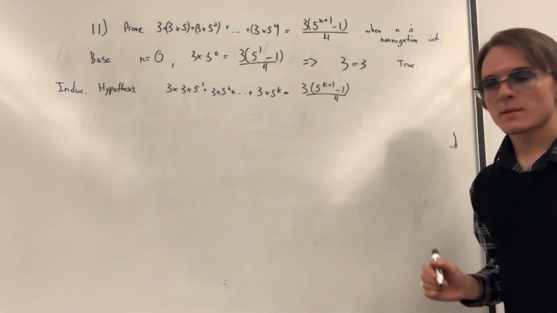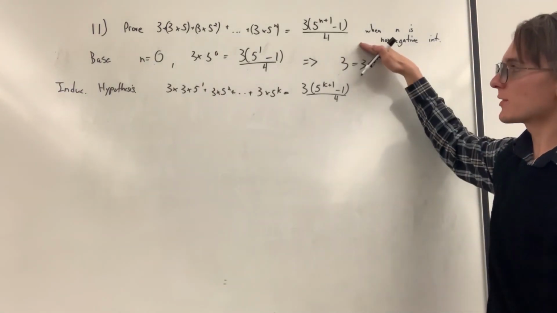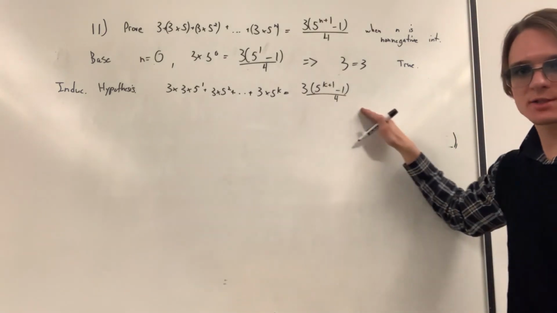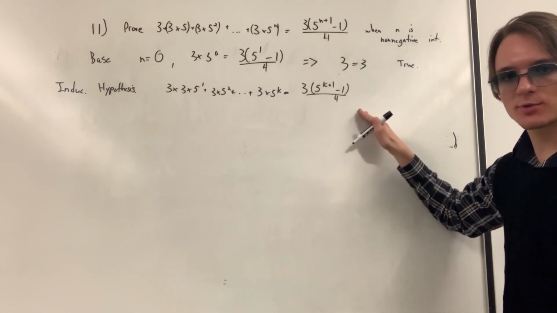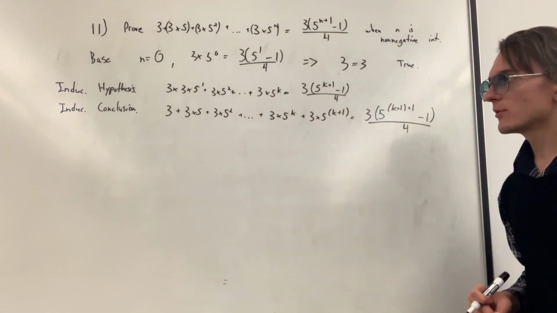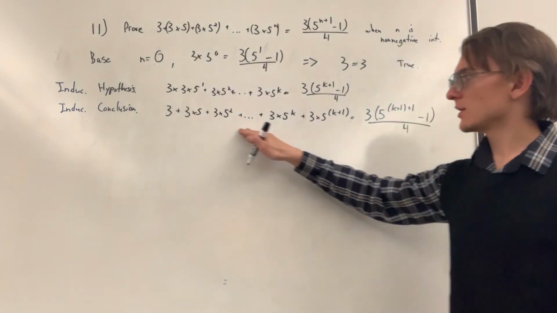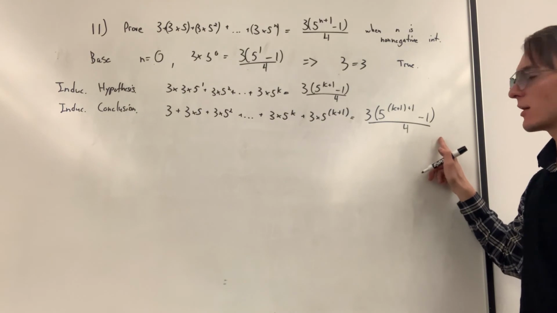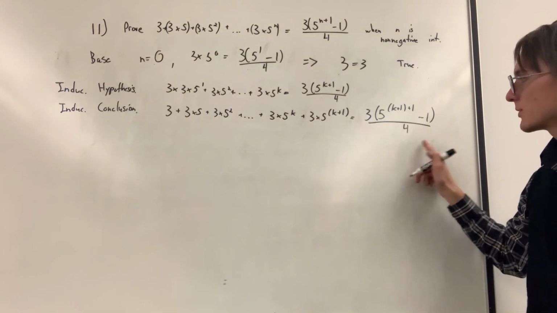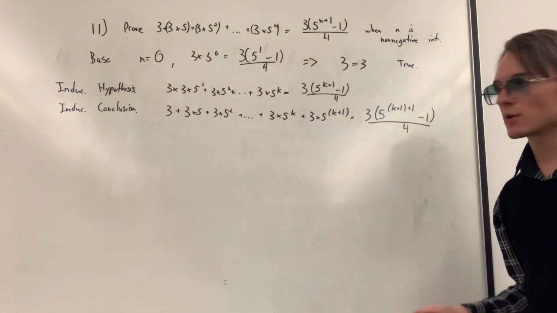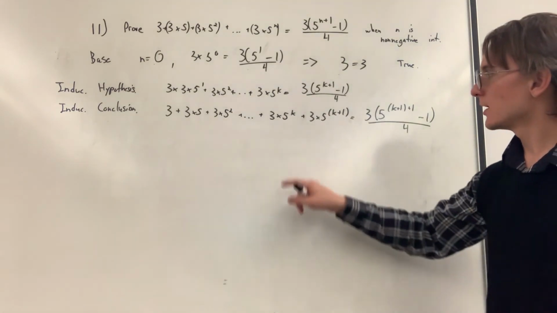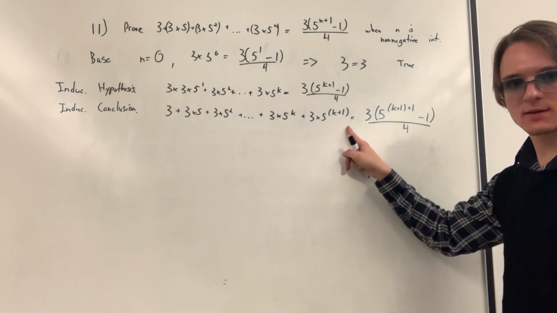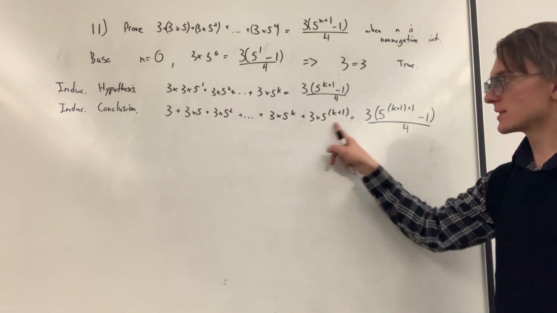For our inductive hypothesis, we replace n with k, and we get that this is our assumption. We assume this to be true. We want to prove that this increasing sequence is equal to 3 times 5 to the power of k plus 1 minus 1 over 4, just replacing all of the n's with k plus 1. We know that this is the last element in the sequence.